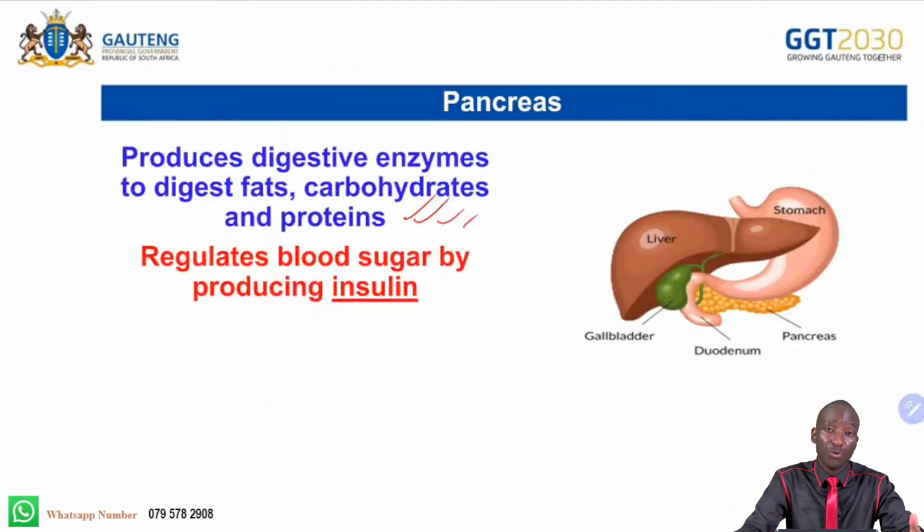So the sugar found in our blood is regulated so that the body has only the minimum that it needs, and we don't have excess sugar, which might end up putting our health at risk. So we've got this very important organ, part of the alimentary canal, which regulates the blood sugar.